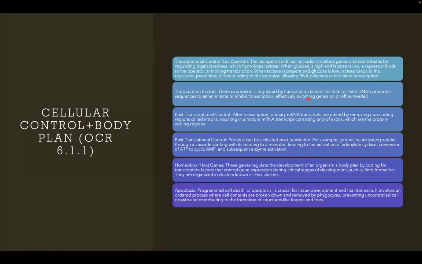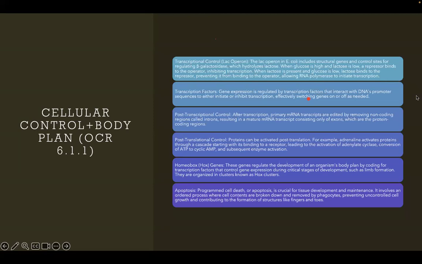If they ask you a question on it, they like to use it because it's quite a nice example in E. coli about how different substrates like lactose and glucose can control the transcription of beta-galactosidase.